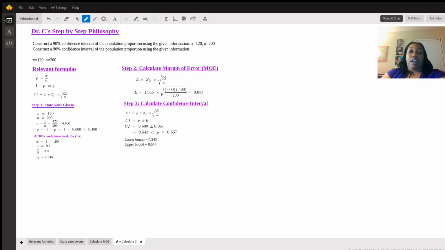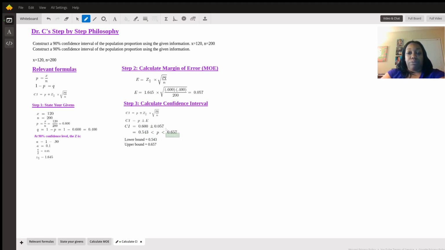After that, we would calculate the confidence interval. So if you remember, the formula for the confidence interval is the proportion plus or minus the margin of error. That's z times the square root of p times q divided by n. So we can just do confidence interval equals the proportion plus or minus the error. So 0.6 plus or minus 0.057.